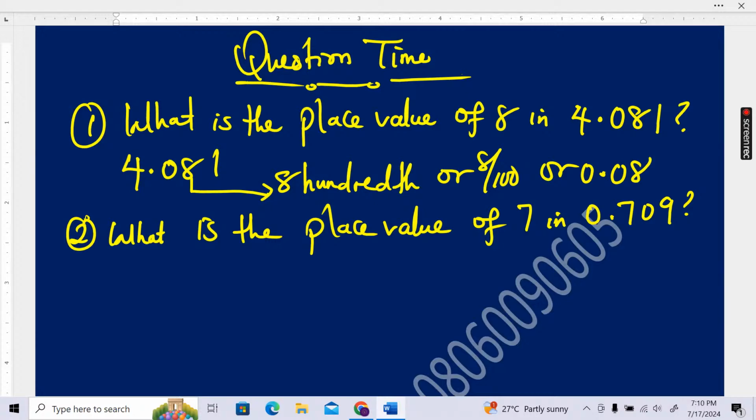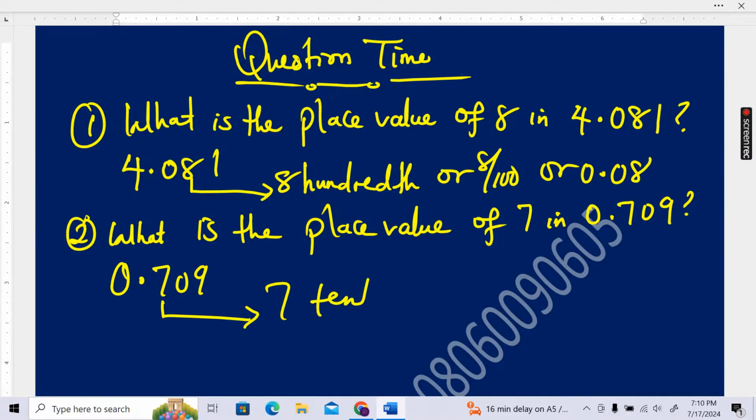Okay, I'm seeing lots of correct answers. Fantastic. So the number is 0.709, and the place value of 7 is 7 tenths, or 7 over 10, or 0.7.